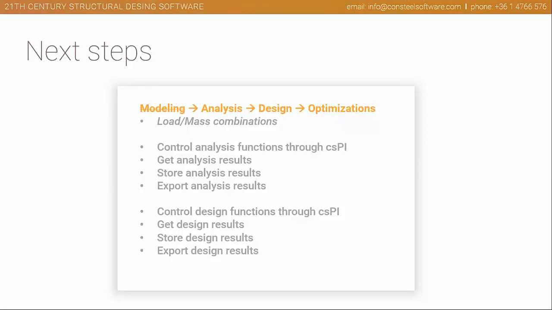So basically, in the next versions of ConSteel, you will be able to control analysis and design functions also through csPI. You will be able to get analysis results, store analysis results, and export analysis results directly from csPI. These are our short term plans. And on the longer term, optimization is the next goal which we want to achieve. So basically, you will be able to create, analyze, design, and optimize your structure, and all this through csPI.